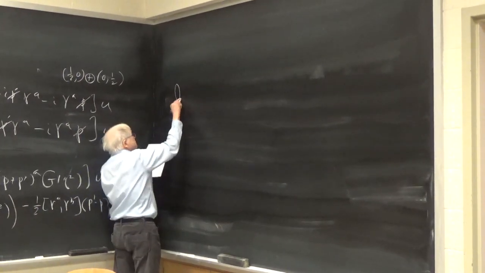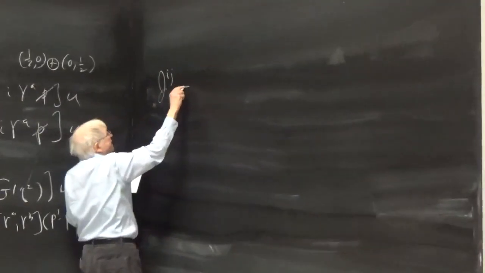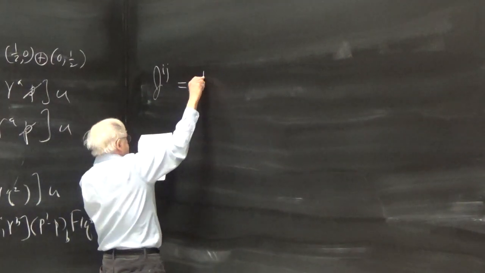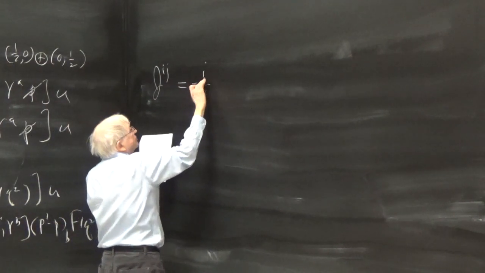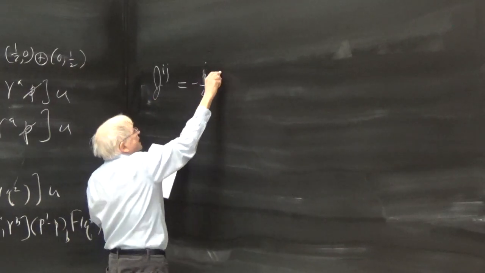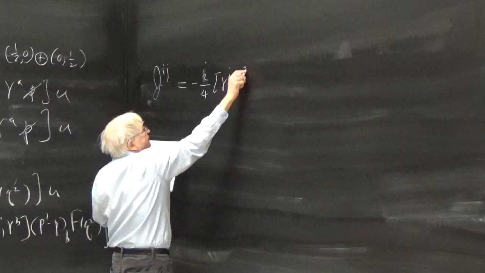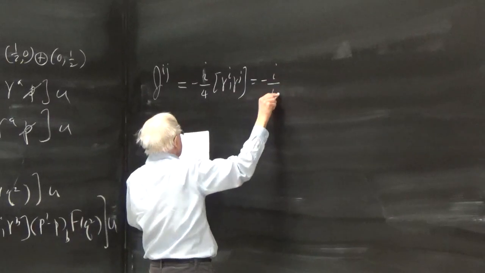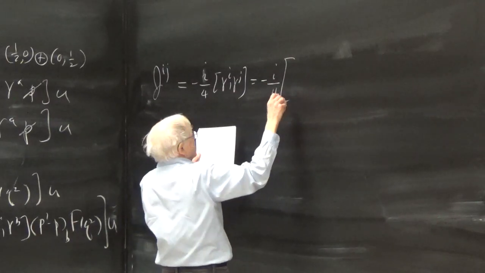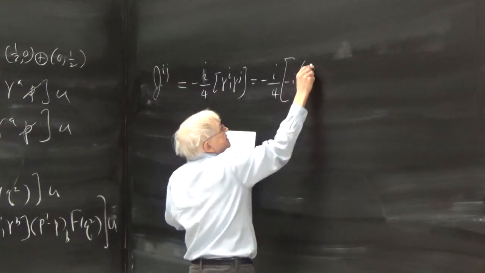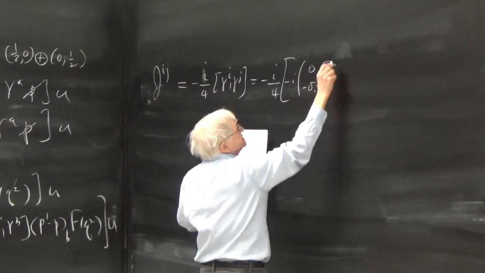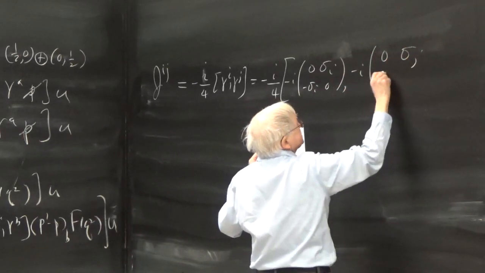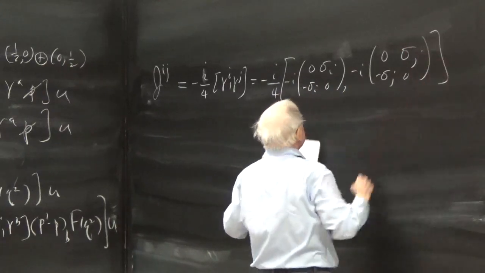Okay, so in particular, J^ij, this being spatial, is minus i over 4 commutator γ^i γ^j. And if you write out this commutator, this is minus i over 4 times the commutator of (0, −iσ^i; iσ^i, 0) with (0, −iσ^j; iσ^j, 0).